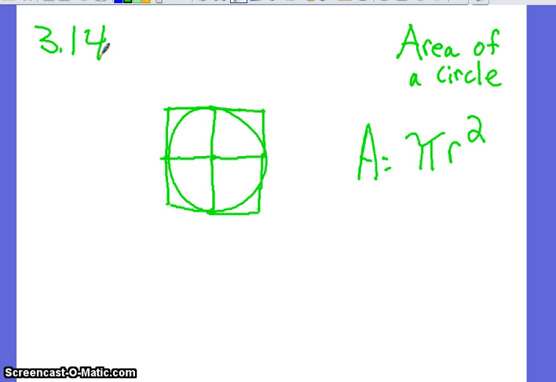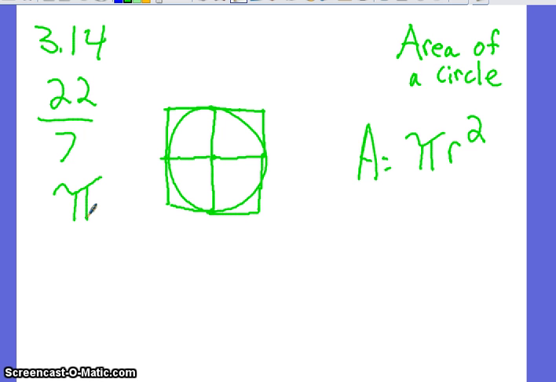It's a lot longer than that, but 3.14 is what you're standardly going to use. But sometimes you'll be asked to use 22/7, which is also pi, the improper fraction. And sometimes you'll be asked just to leave pi as pi, just to leave it as it is.